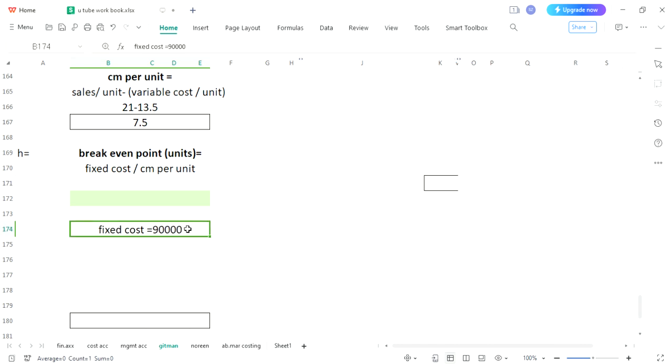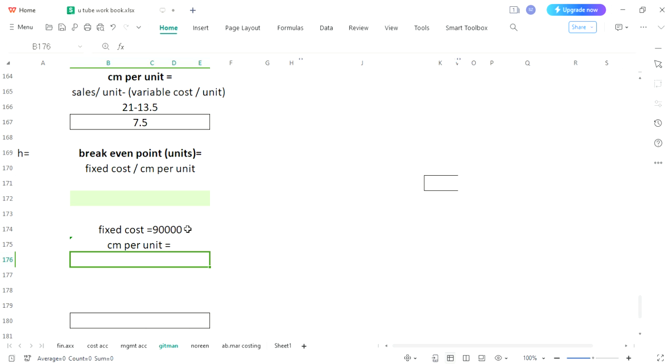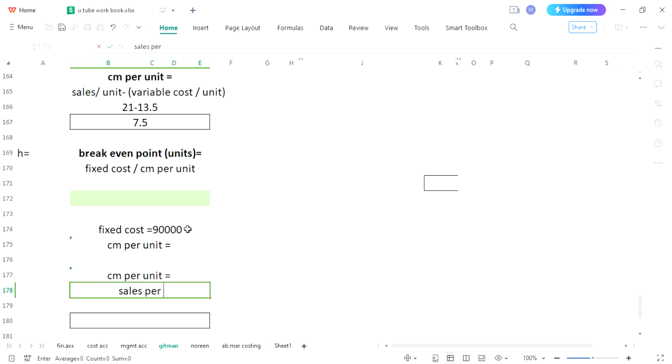And second thing what we need is CM per unit. And how do you calculate CM per unit? You will have its formula, and for that you need to put your sales per unit, or you can save the space, sales per unit, and then you will subtract your variable cost per unit.